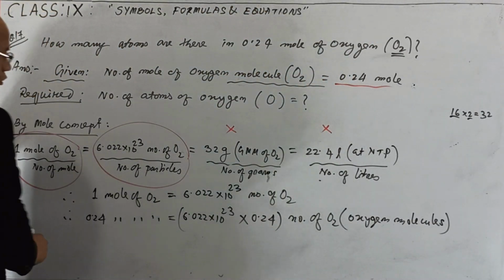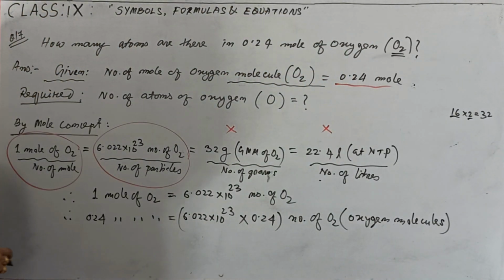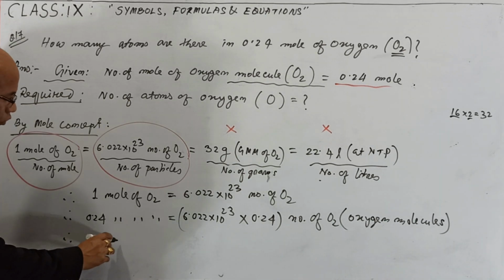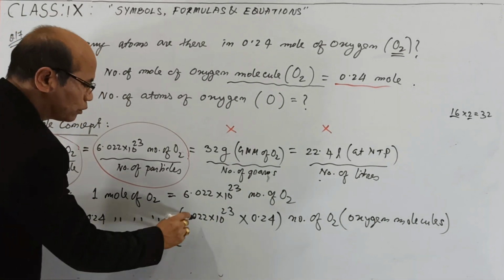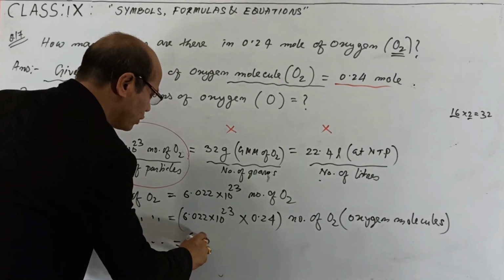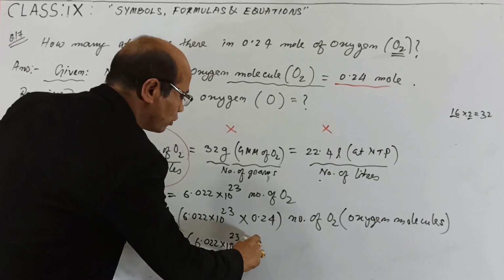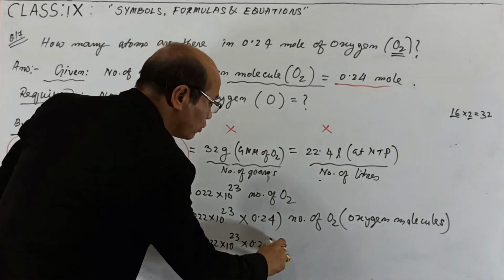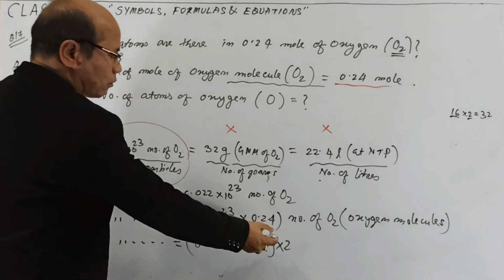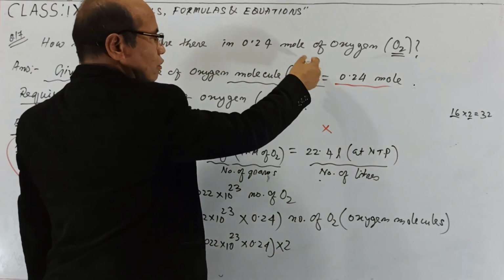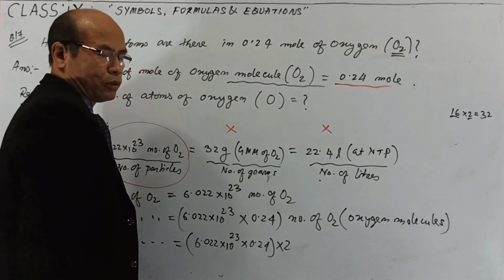But in the question, we are asked to find the number of atoms. Then lastly, you can do it like this: 0.24 mole of O2 is equal to 6.022 into 10 to the power 23 into 0.24 into another 2. Why am I multiplying this number by 2? Because in one molecule of oxygen there are 2 atoms of oxygen.